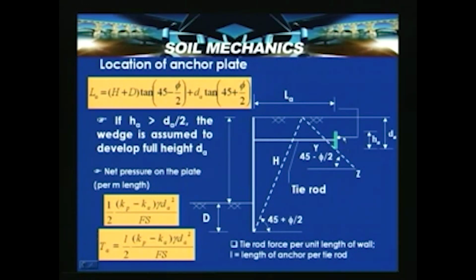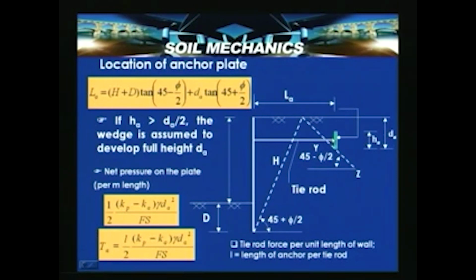So, now the location of the anchor plate or LA can be determined like this. From the 45 plus phi by 2, if it is considered, then it is nothing but the length of this portion and this portion. So, this portion which is H plus D tan 45 minus phi by 2 plus dA tan 45 plus phi by 2. When you put this, then you will get that entire length, that is called LA.